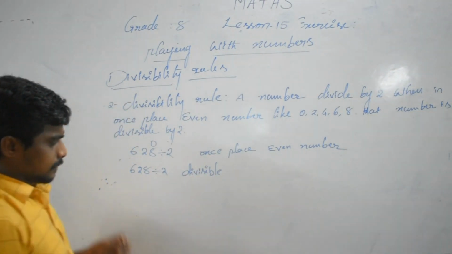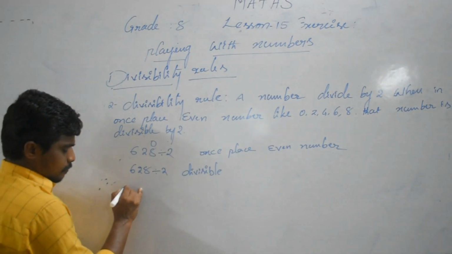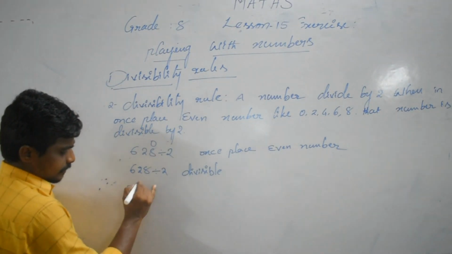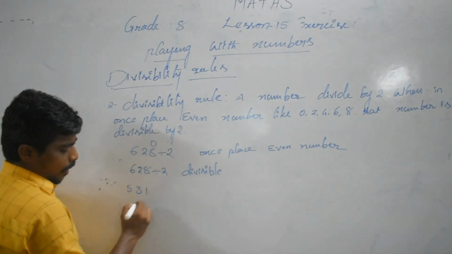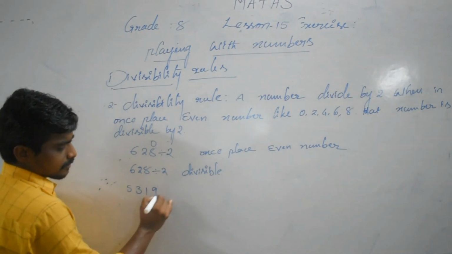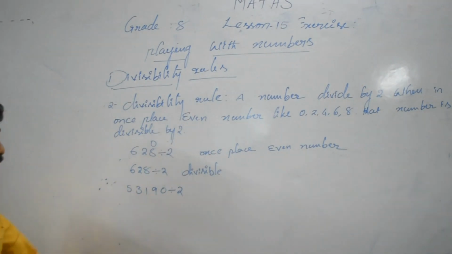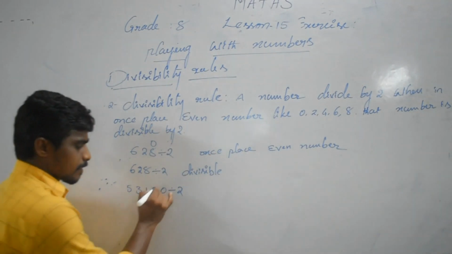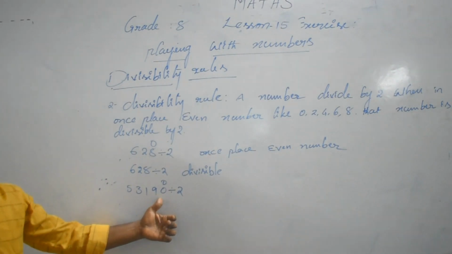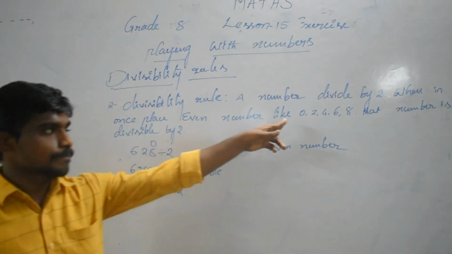Next one, 53,190 divided by 2. Here, which number is in the ones place? 0.